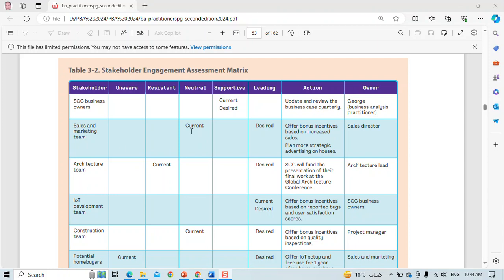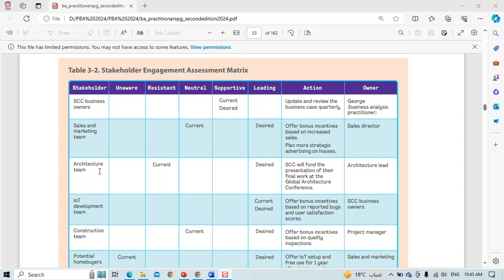The next example of stakeholder is the sales and marketing team. The current engagement level is neutral. The desired engagement level, we hope to make them leading. The action required in this case is to offer bonus incentives based on increased sales and plan more strategic advertising on houses. Who can take this action? The sales director.